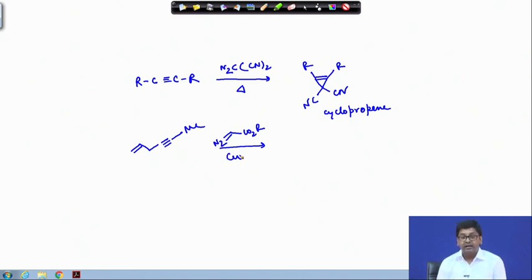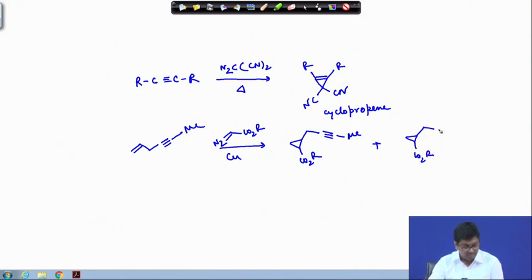That means the alkene reacts first to give this product as the major product, okay, and further it will react to give this product in trace amount. Okay. So, mostly the olefin reacts faster.